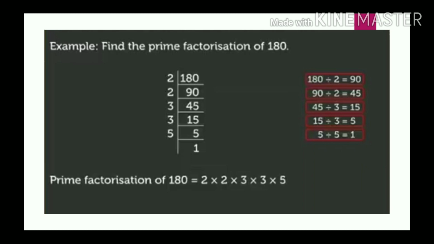Now 15 is also an odd number, and it is divisible by 3, so we get 5. Now 5 is already a prime number, so it is only divisible by 5, which gives 1. So the prime factorization of 180 is equal to 2 into 2 into 3 into 3 into 5.